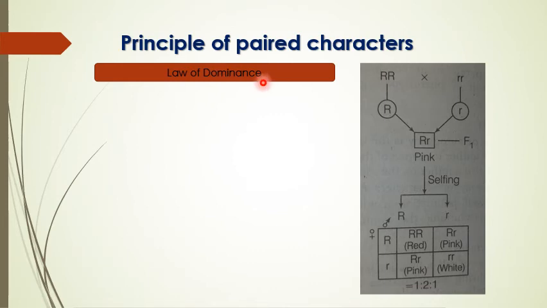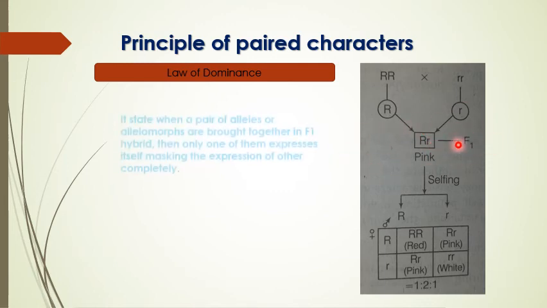Now we are going to discuss the principle of paired characters, which is the first law, the law of dominance. It states that when a pair of alleles are together in a hybrid, one is expressed completely. He also took examples of different plants. Crossing a red flower and a white flower gives a pink flower.